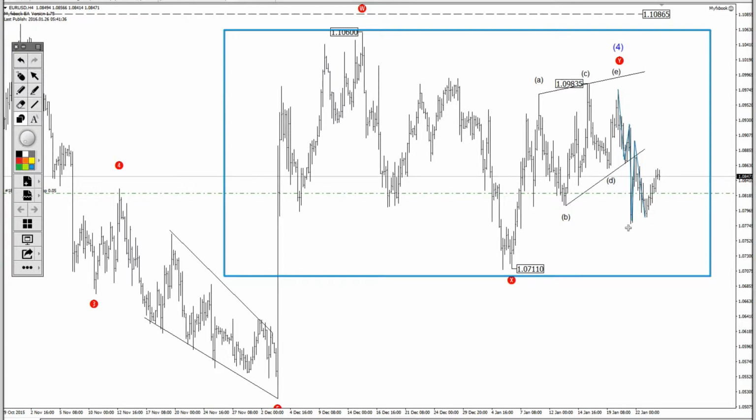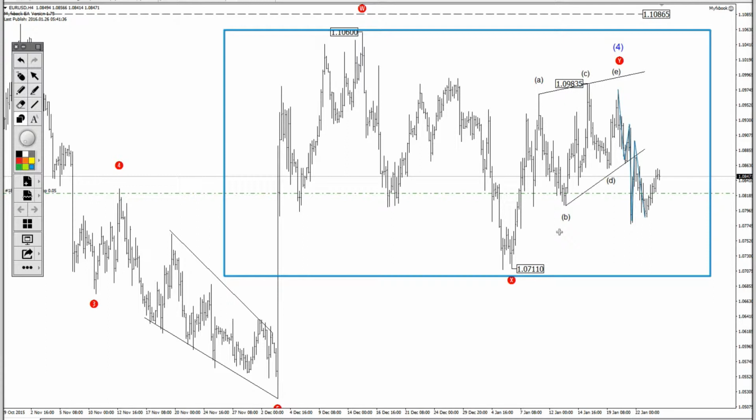I actually saw, I think it was on Facebook, one of my Facebook friends had posted a chart which was proposing that this whole structure is a large triangle, and I think this is possibly one option. It doesn't look much like a large triangle, but these wave formations don't always have to be textbook.